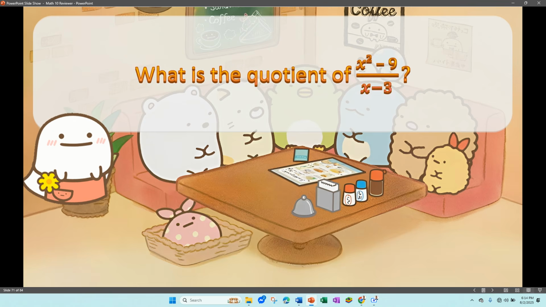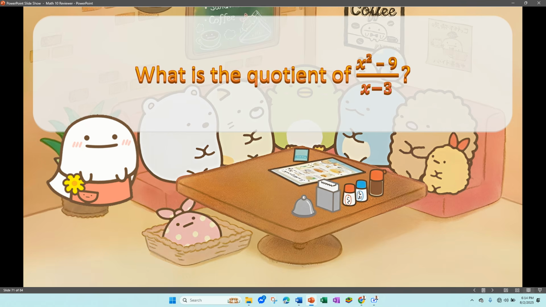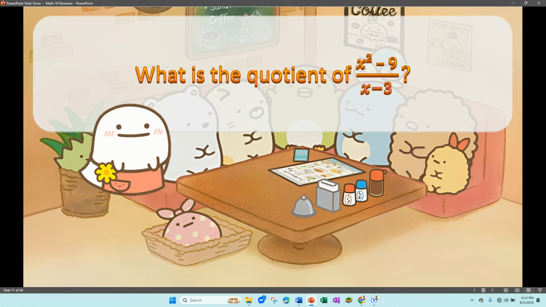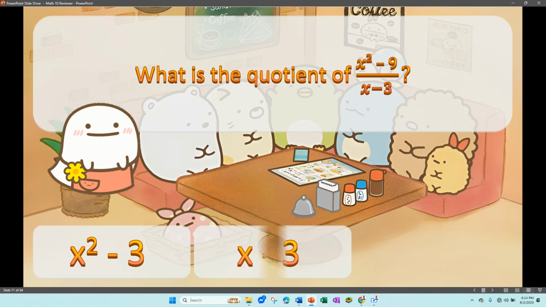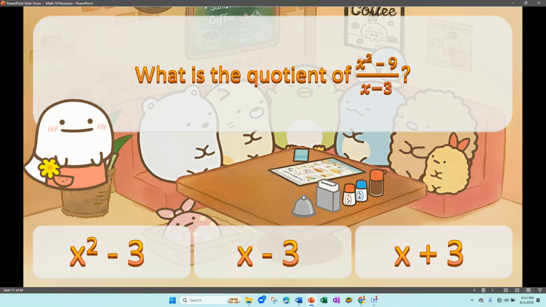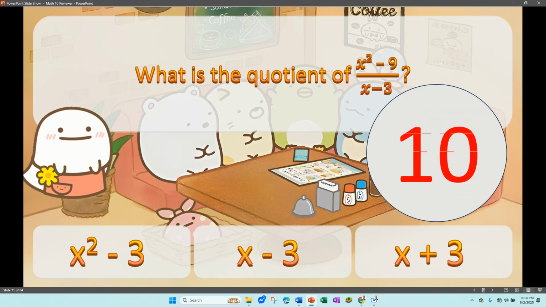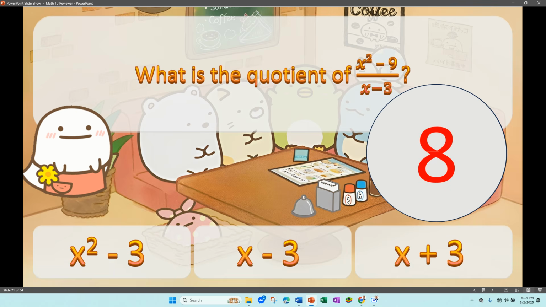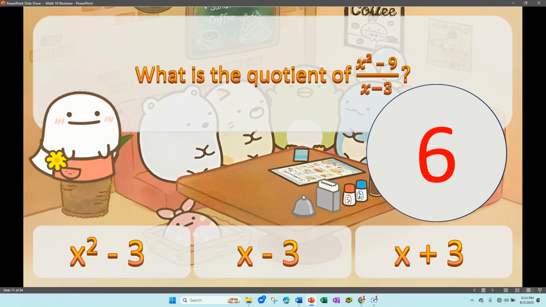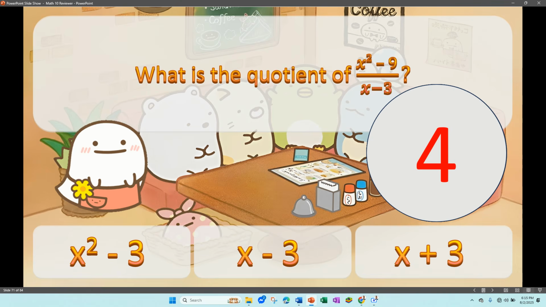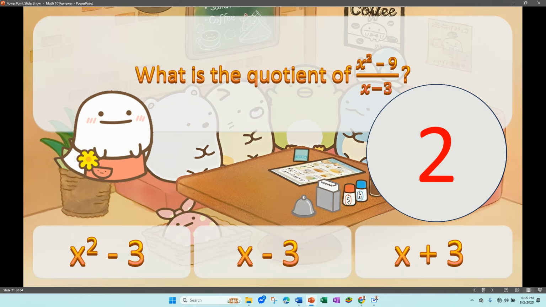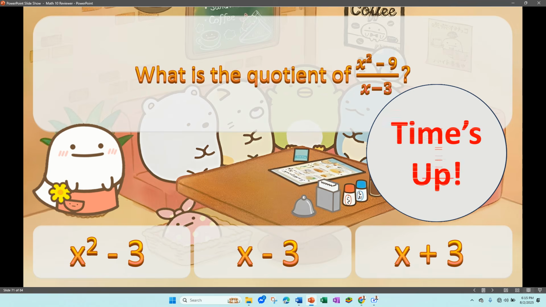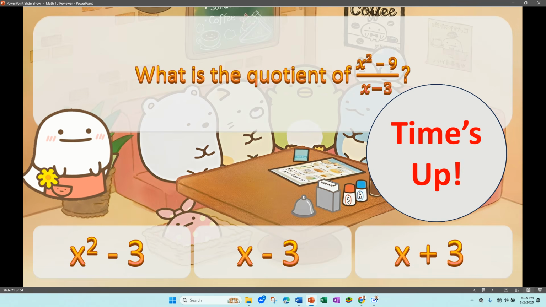What is the quotient of x squared minus 9 divided by x minus 3? x squared minus 3, x minus 3, or x plus 3? 10 seconds, go. So this is all about division.